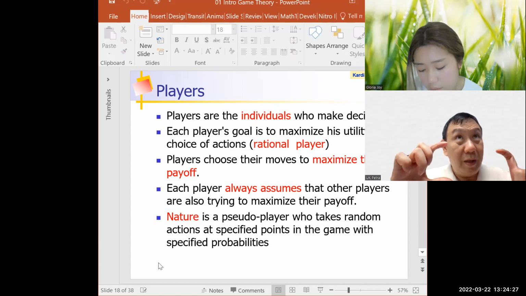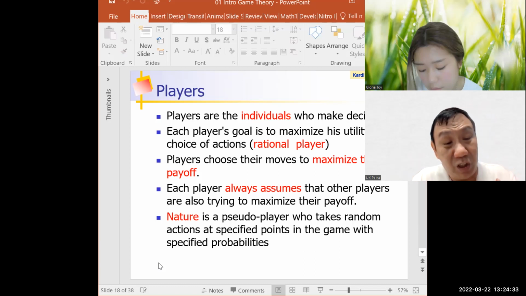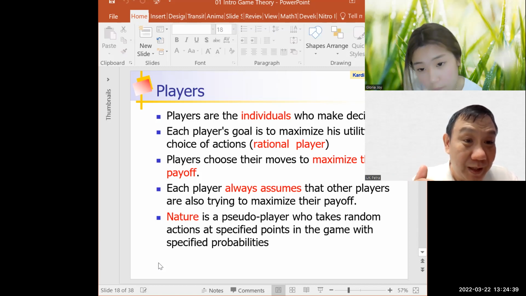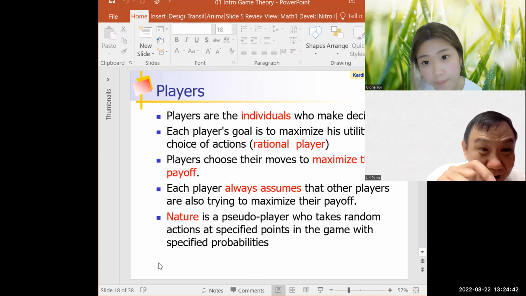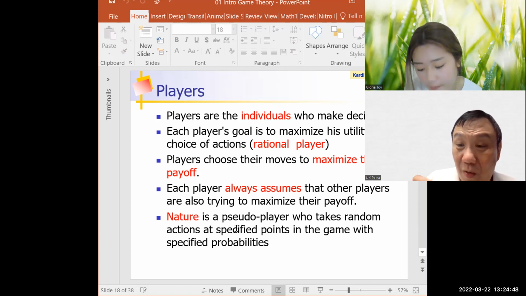The payoff in game theory is utility. You can convert it to money, that is up to you, but this is utility. You remember utility we discussed last meeting, right? You even computed your own value. Each player always assumes that the other players are also trying to maximize their payoff. So that is the rational player.